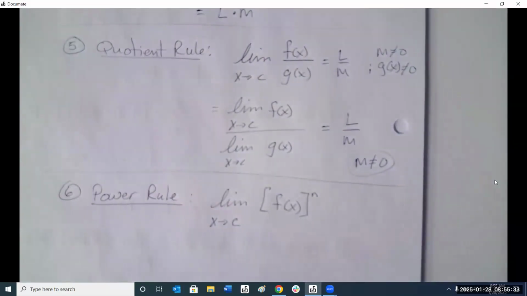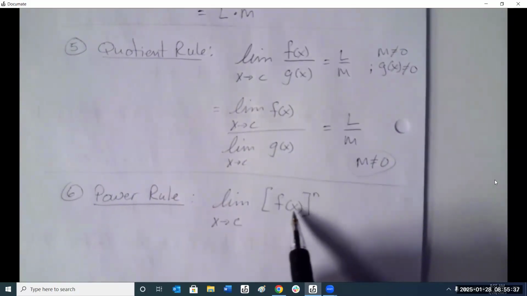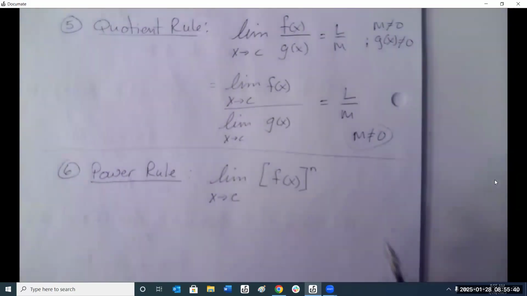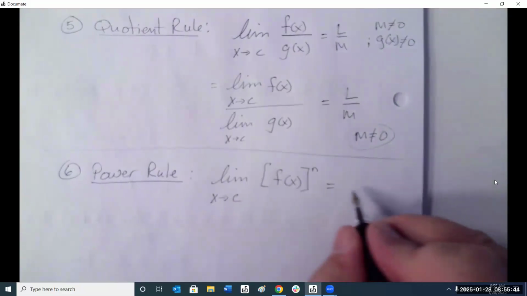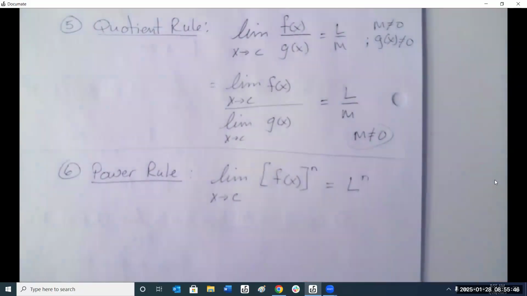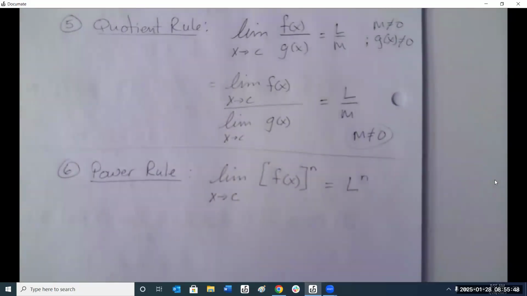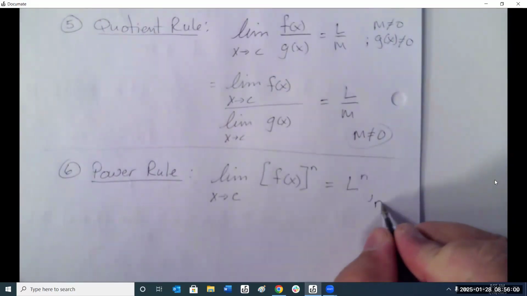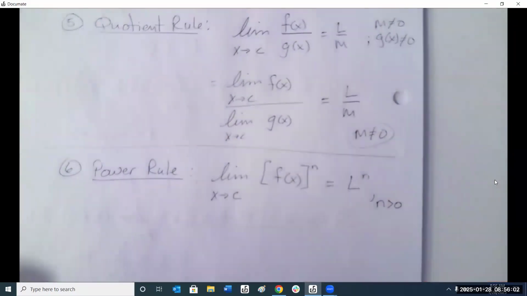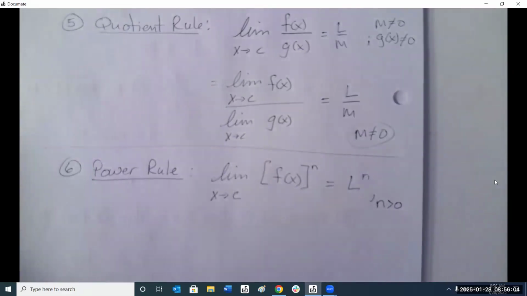Notice it's not the whole limit raised to a power. It's simply the function. So the limit of f of x raised to the power n is L raised to the power n, where n has to be greater than 0. It has to be a positive integer.